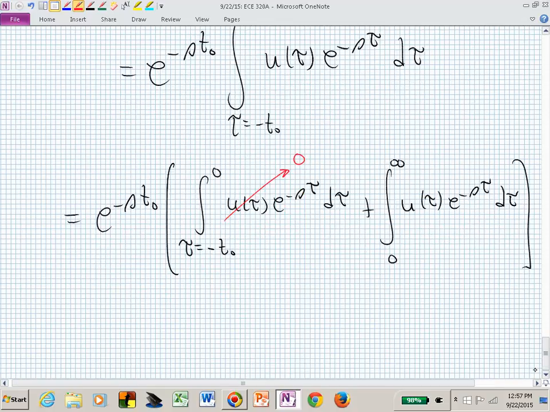And what's the right-hand half of that split original integral look like? That should look just like the previous example's Laplace transform. It's just now we've replaced t with tau. But that's just the integral of a unit step.